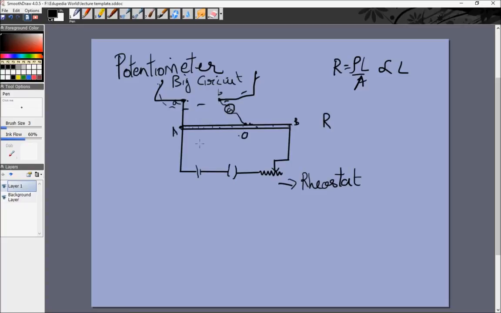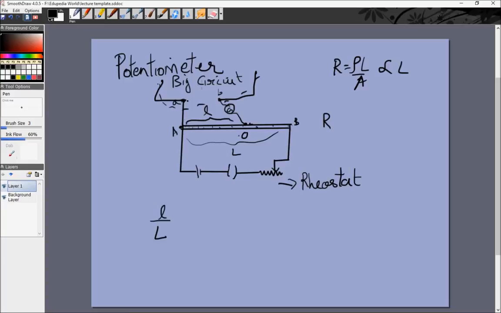Once these 2 points have the same potential, and these 2 points have the same potential, all we need to do is measure the potential difference between A and O, and that will give me the exact potential difference between A and B. So if the total length of this wire is capital L, and this length is small l, then the resistance between A and O would be l by capital L times the resistance between A and B, right?